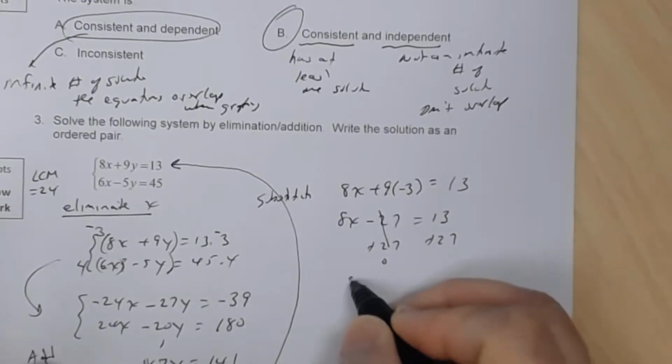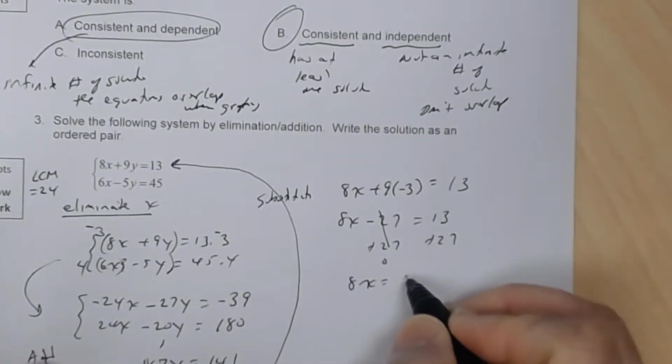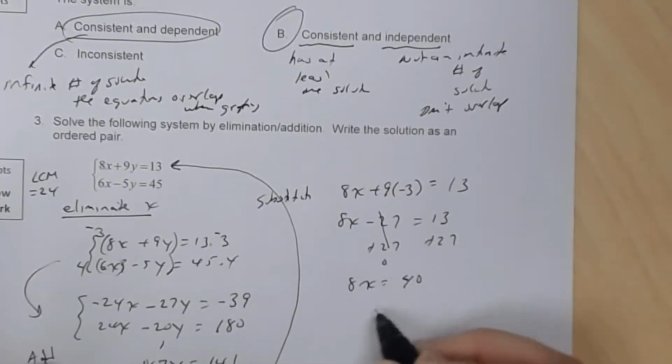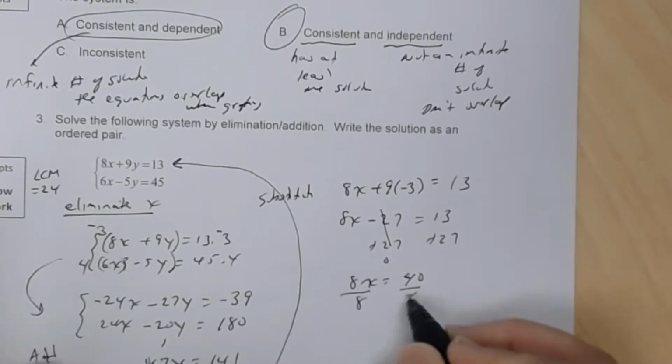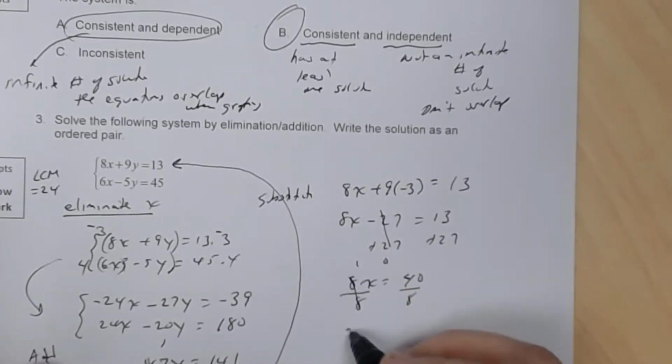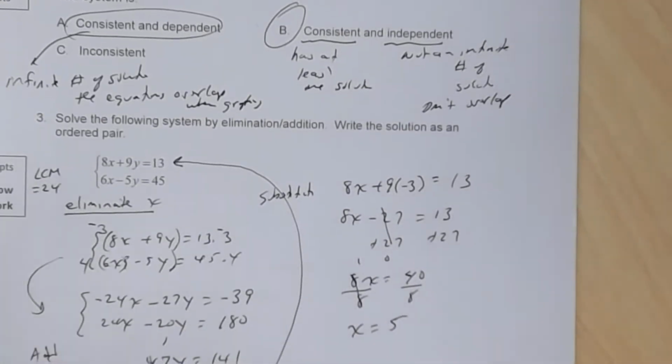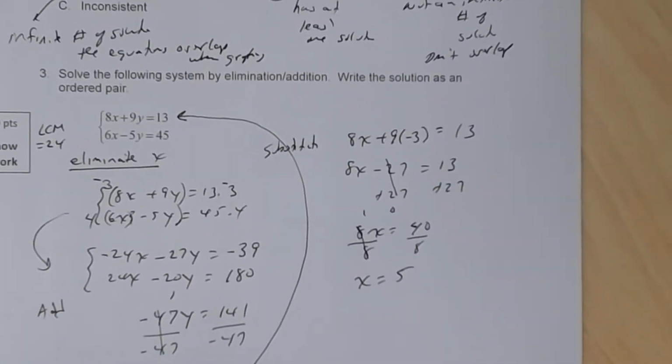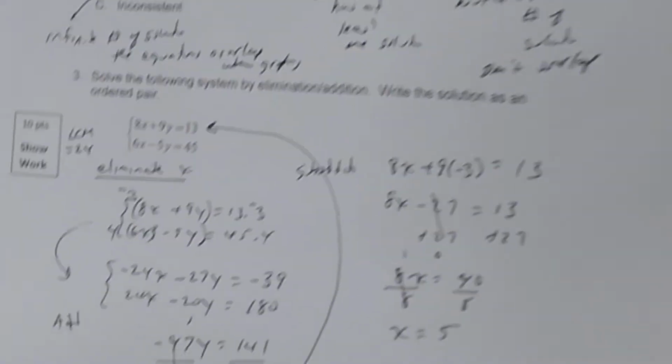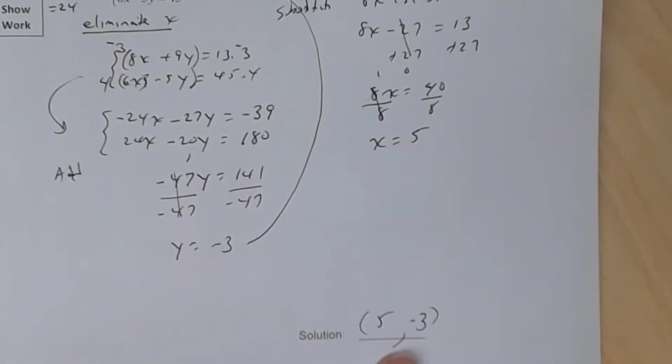Combine like terms. I get 8x equals 40. Divide both sides by 8, and then reduce. I get x to be 5. So that's your solution. The solution is 5, -3. All right, so that's your solution.